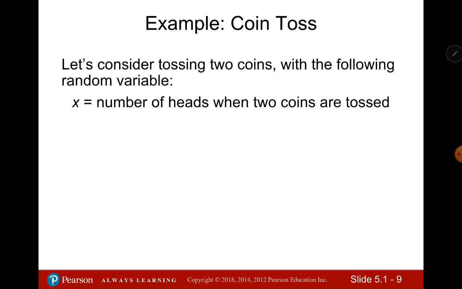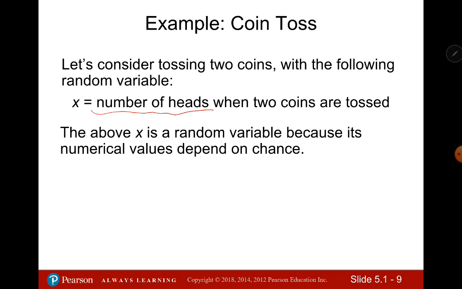Random variable: number of heads. We call it x. The meaning is the number of heads. So first we will say x is the random variable, and for each value, for example, if x is equal to 0, which means no heads, 0 heads, which means we got 2 tails.